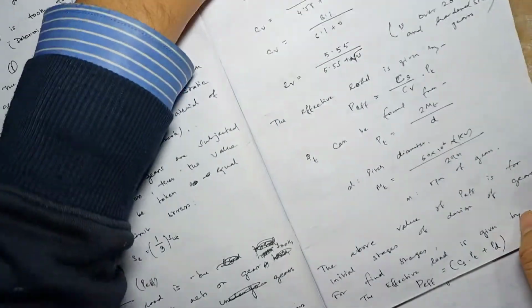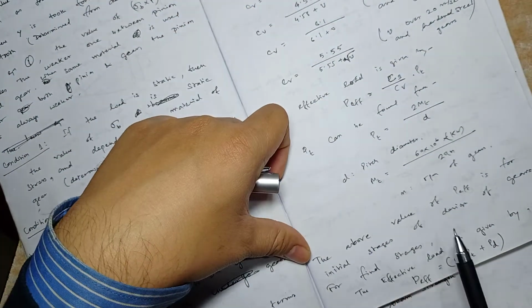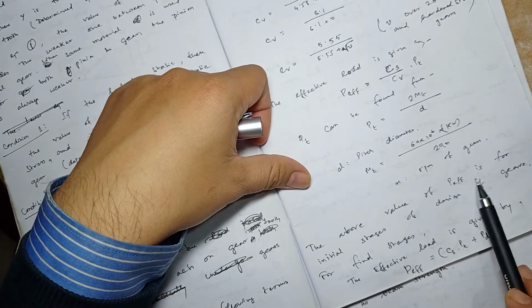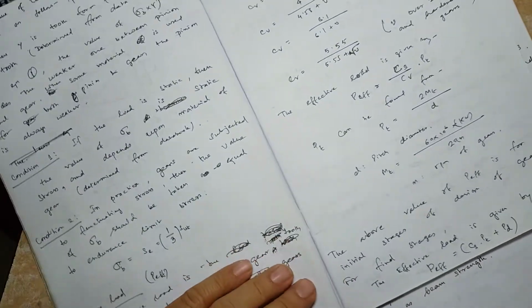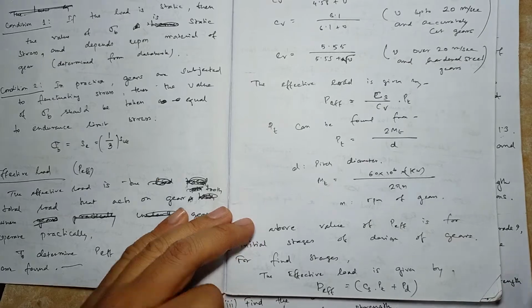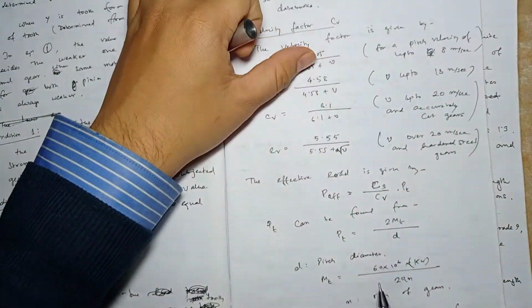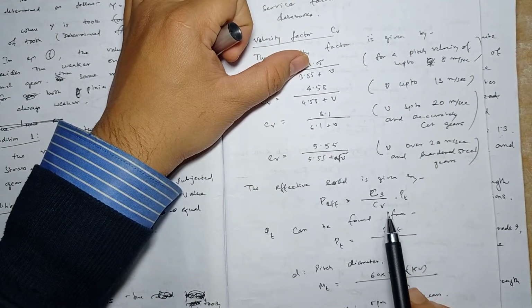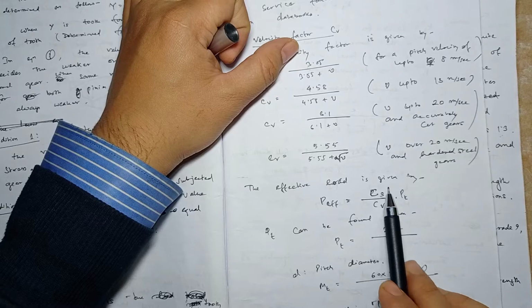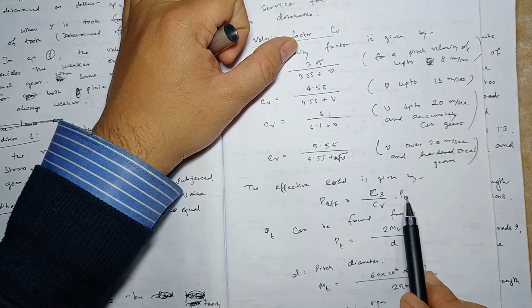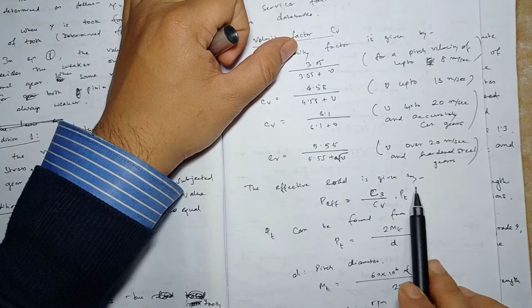At the initial stage, this P effective is calculated by using this formula: P effective equals CS, the surface vector, divided by CV, the velocity vector, multiplied by PT. This is the tangential force that I have said.